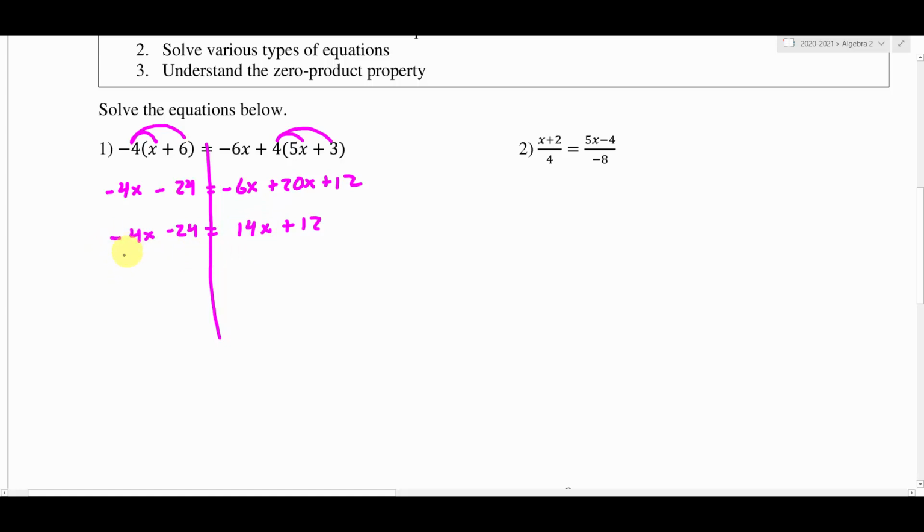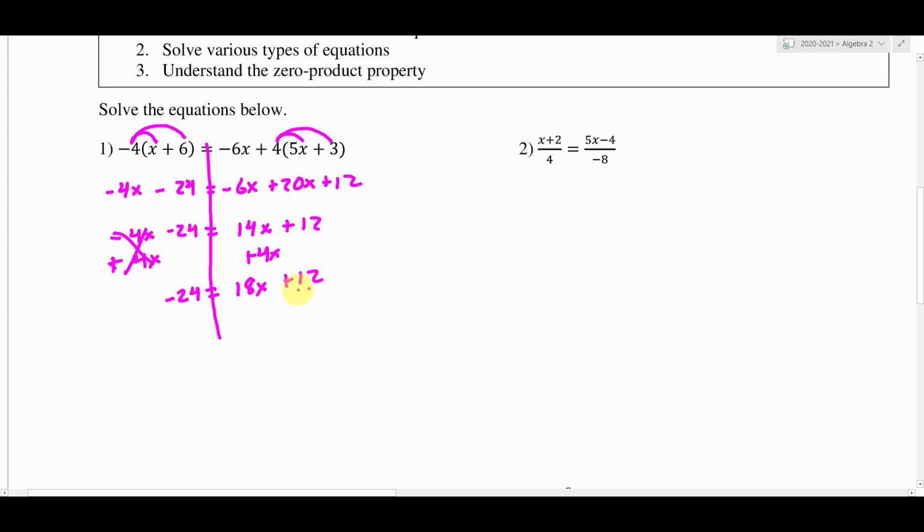This is a -4x, so I'm going to add 4x to both sides. Just like that, right? Whatever I do on one side, I have to do on the other. So now these cancel. All that's left is a -24. And over here, I have 18x now because 14 plus 4 is 18. And then I have plus 12.